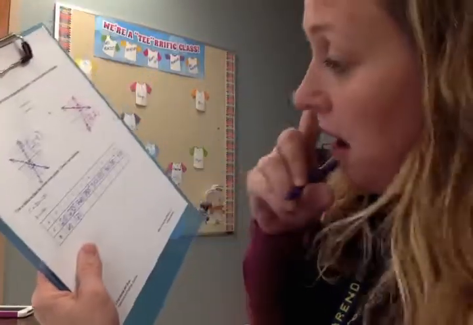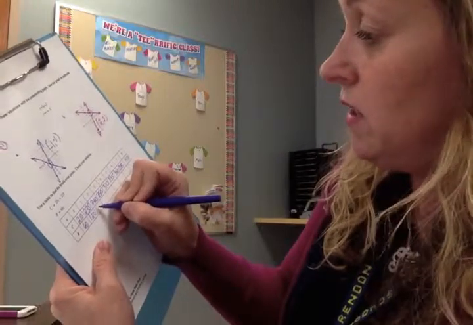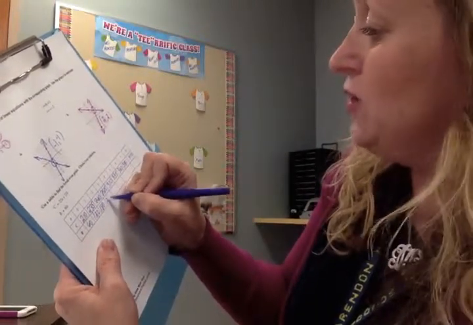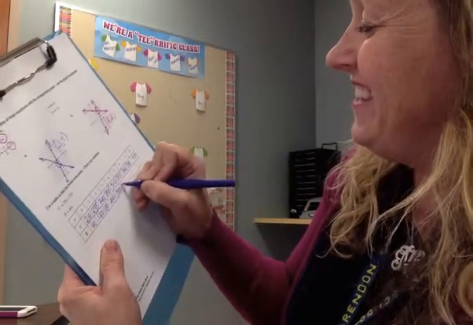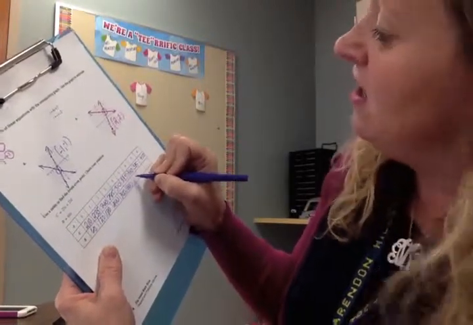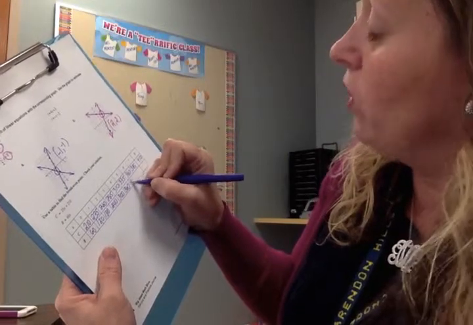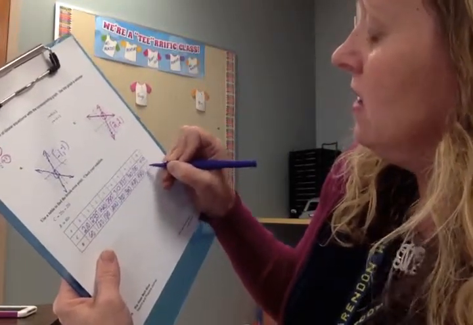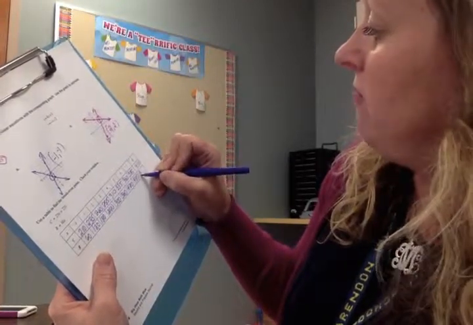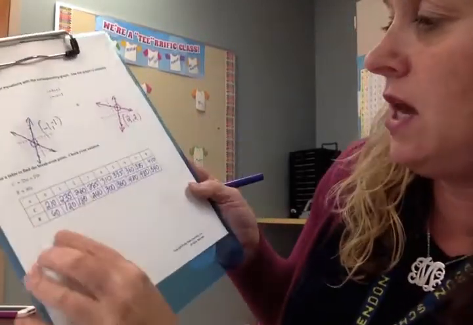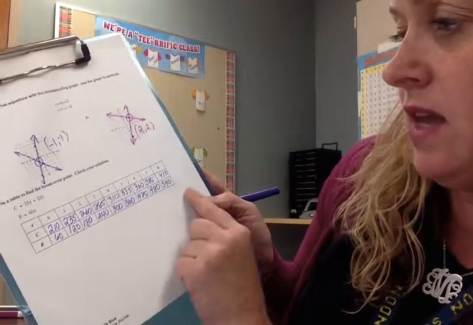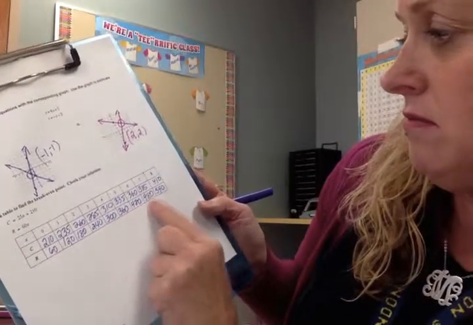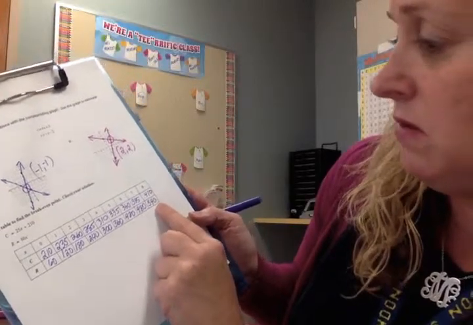For the R: 60, 120, 180, 240, 300, 360, 420, 480, and then 540. Now, do you see any points in here where they intersect? I don't. Did I miss one?